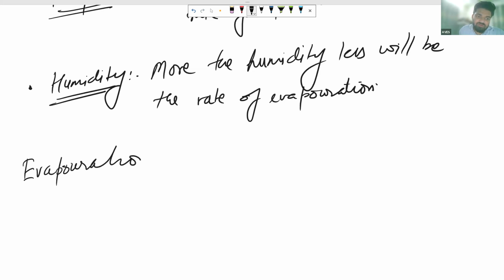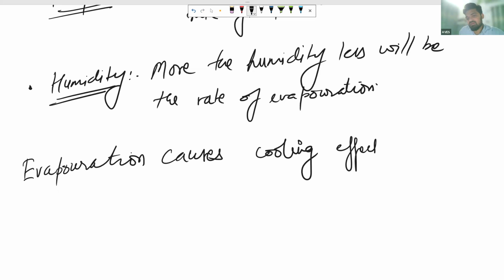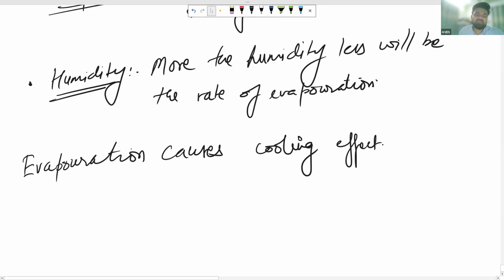Evaporation causes cooling effect. What does this mean?